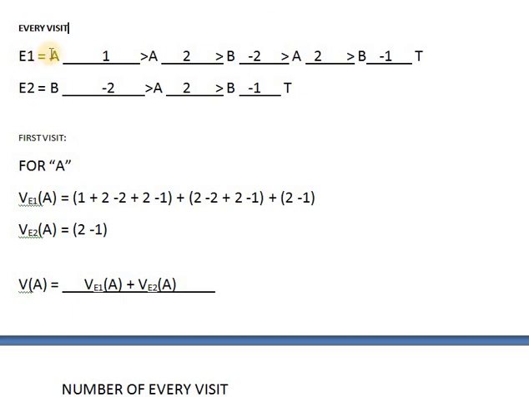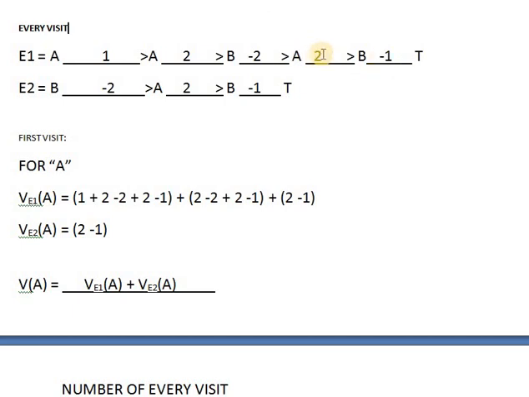Again every visit, so the first visit is over, and here is the second visit. In the second visit A starts here, so I have to calculate 2, again -2, 2 and -1. Again in the same sentence, where the A starts again, here the A starts, so this is my third visit of the first instance.